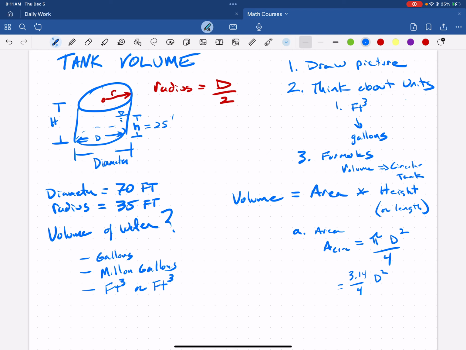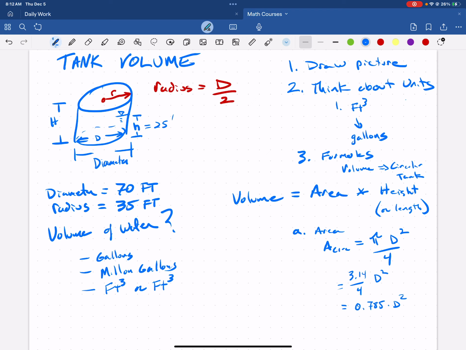We just broke down what pi is. 3.14 divided by 4 is equal to 0.785 times d squared. That's how that little cheat sheet works.